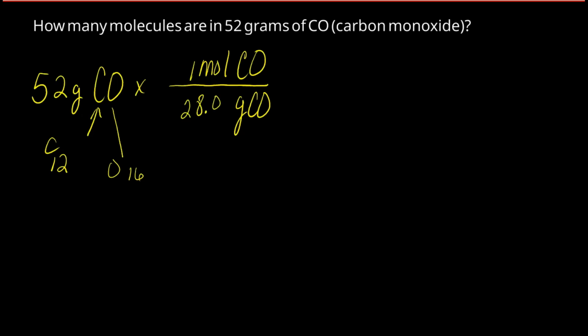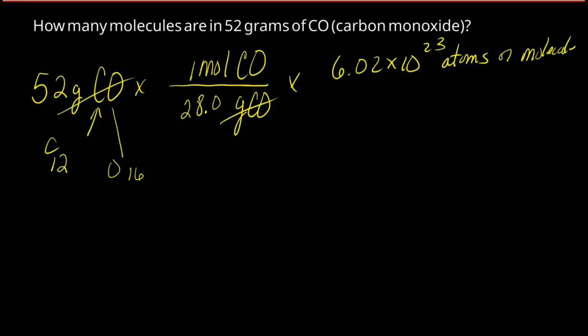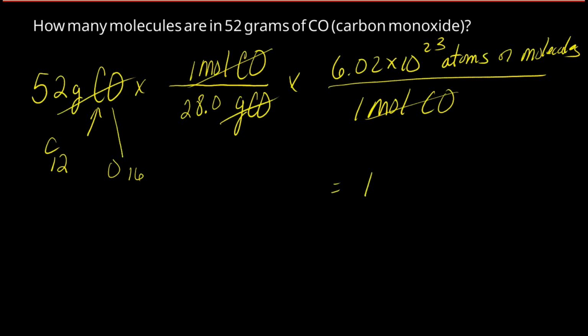We'll keep it simple here. Grams of CO cancels. We have 6.02 times 10 to the 23rd atoms or molecules per 1 mole. So when I do the math, I would get something like 1.12 times 10 to the 24th atoms or molecules.